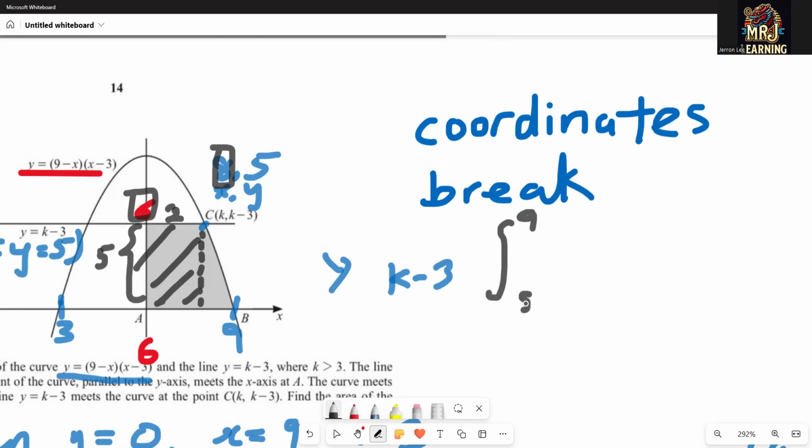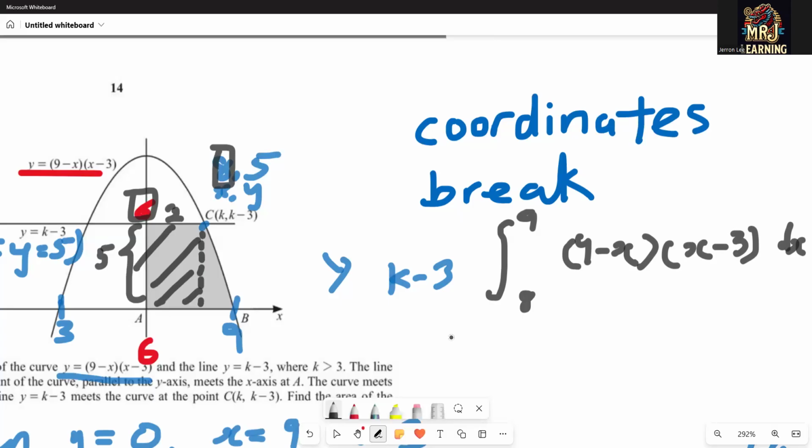And what will be your functions? Of course, it will be 9 minus x as well as x minus 3. So you are supposed to integrate this. I'm sure you should be able to know what to do for that. Just break it open and then integrate and then put in the value.